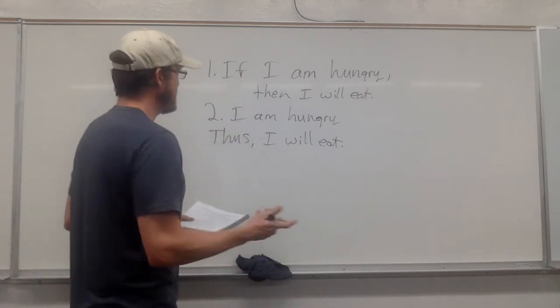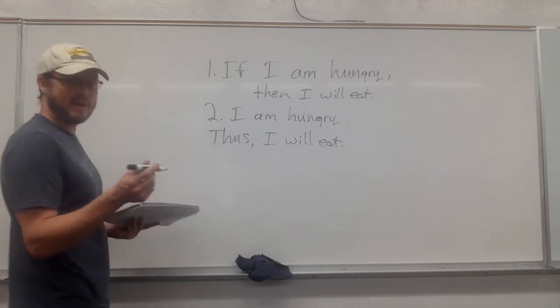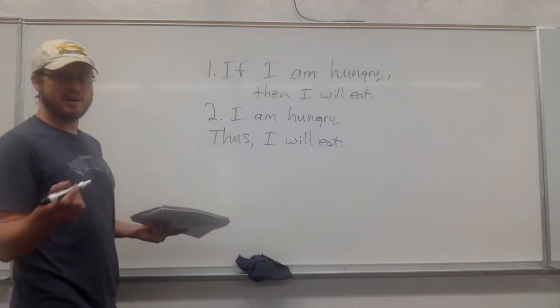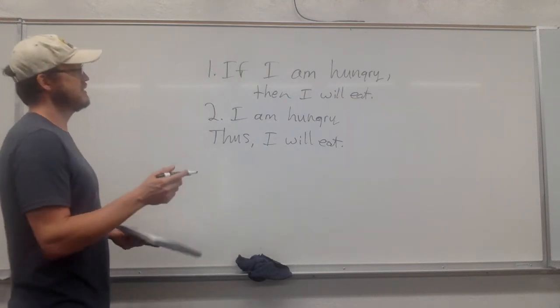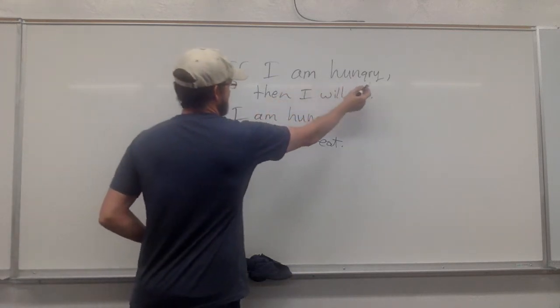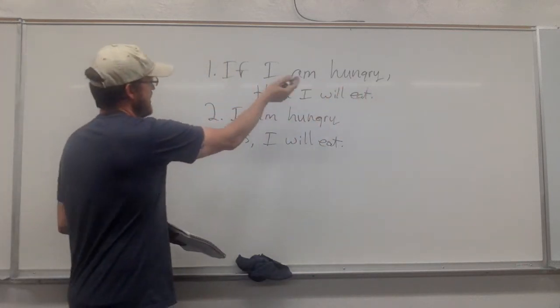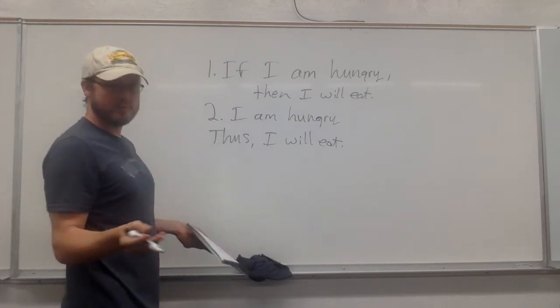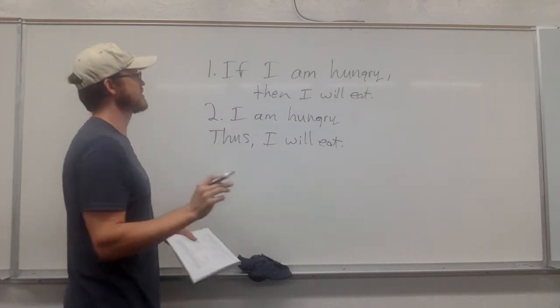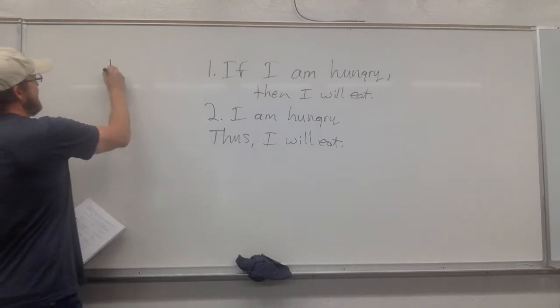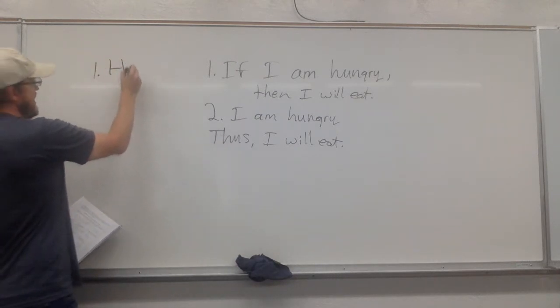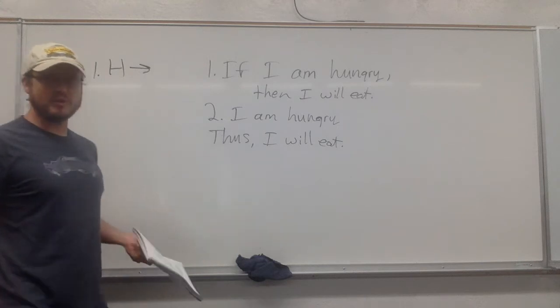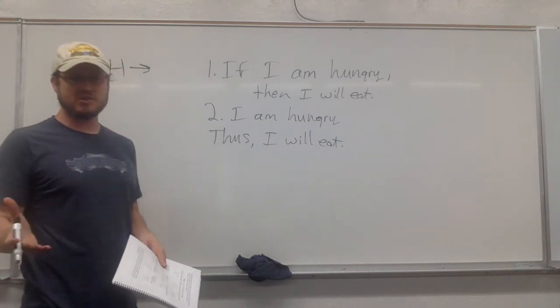Now notice I could add some variables here to turn it into a symbolic logical form. So I could, let's just say, choose H for hungry, and I could choose anything else, but I'm just choosing H because it seems the most obvious. It's really arbitrary what variables you choose. So now I have first premise, H, and then remember the arrow is the symbol that stands for an if-then statement, a conditional statement.